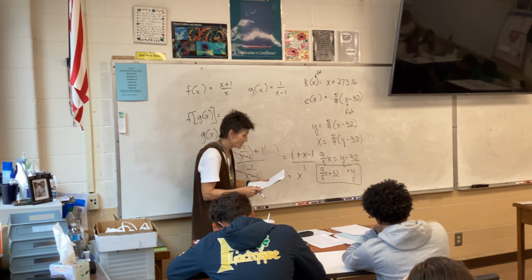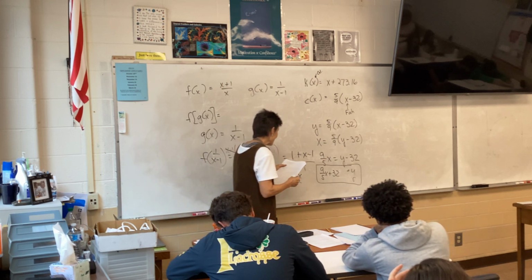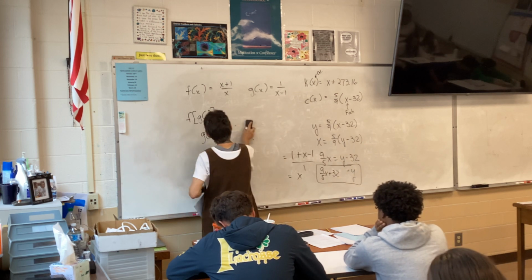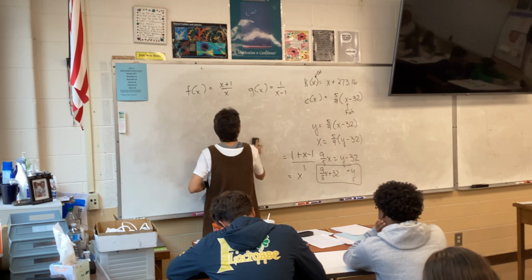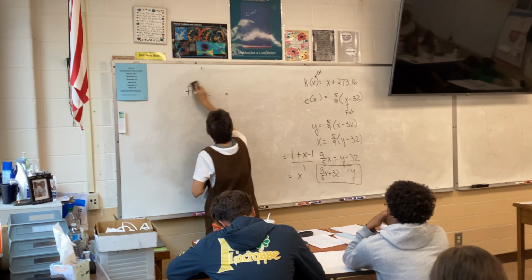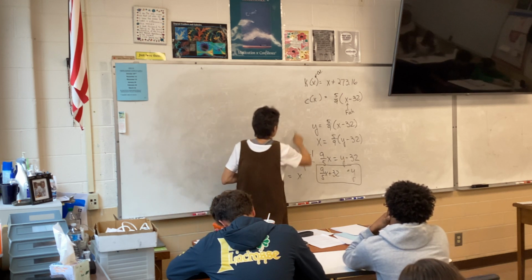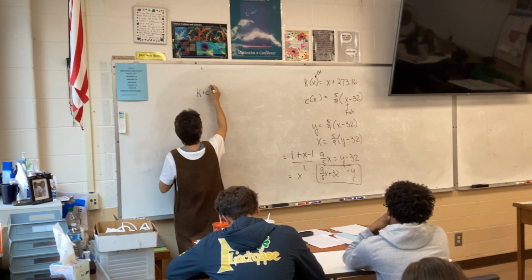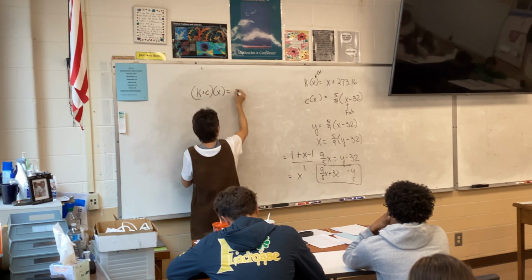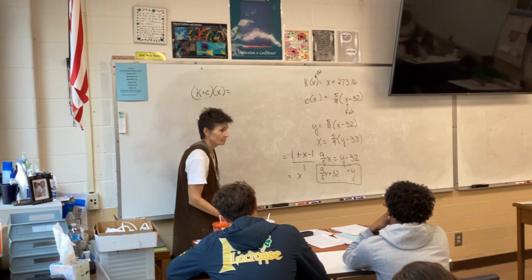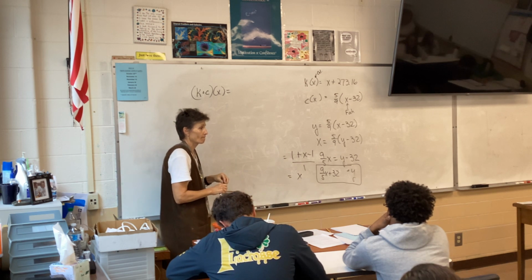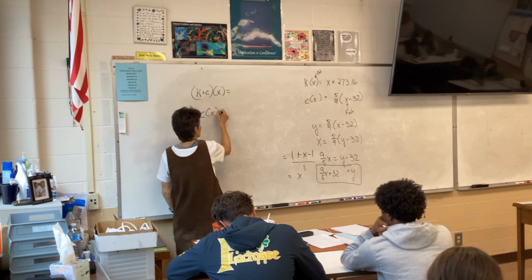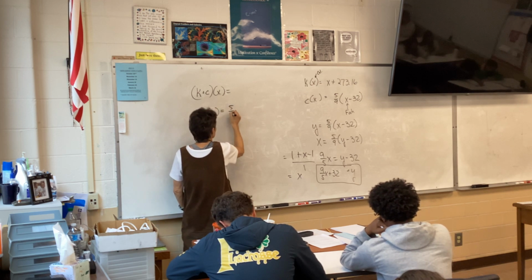All right, last question. Find K of C of X. So we're going back to our originals. There's K, there's C. We're finding K of C of X. Okay, so we'll start with C of X, which is that 5/9 thing.